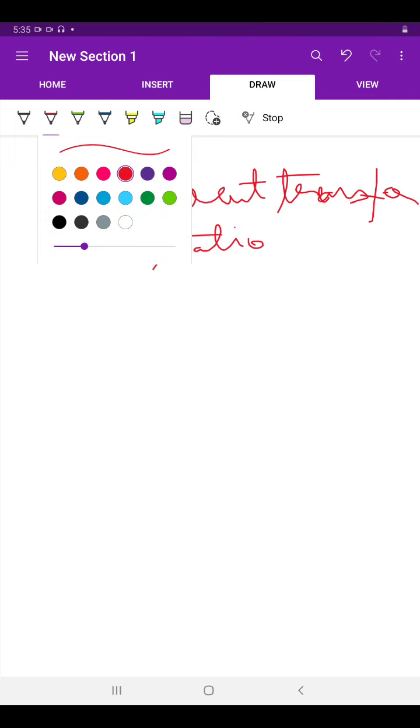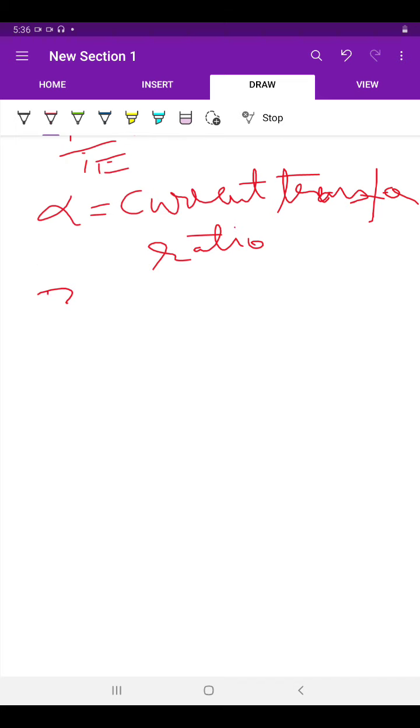Now if b is the fraction of the injected holes making it across the base without recombination, then 1 minus b is the fraction recombining in the base.